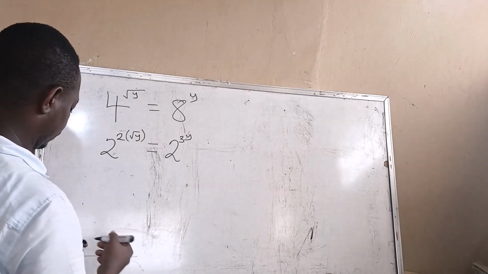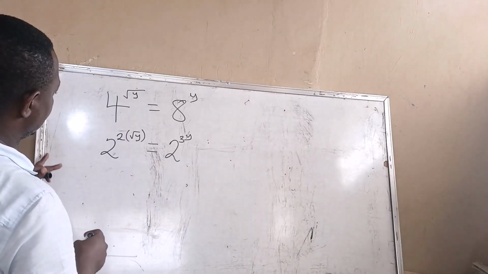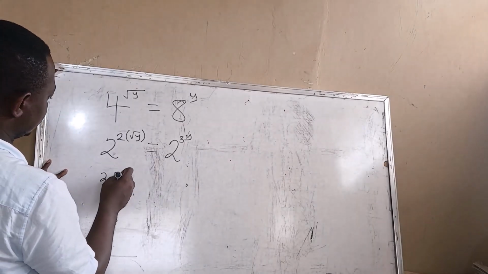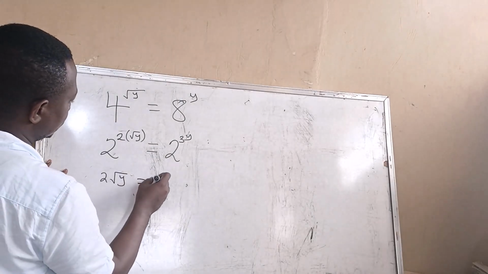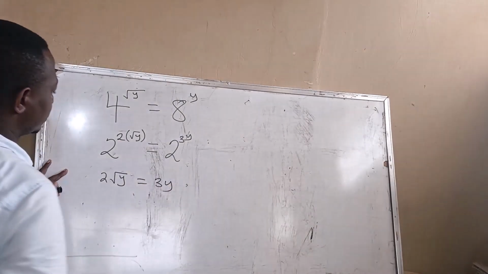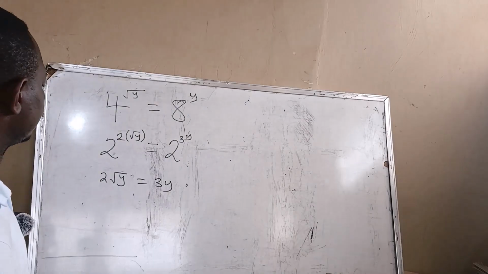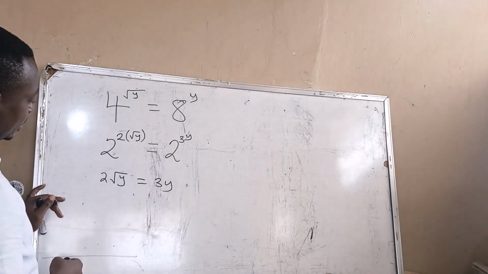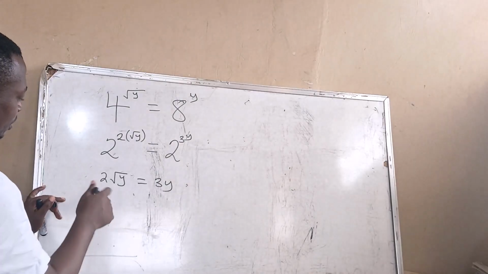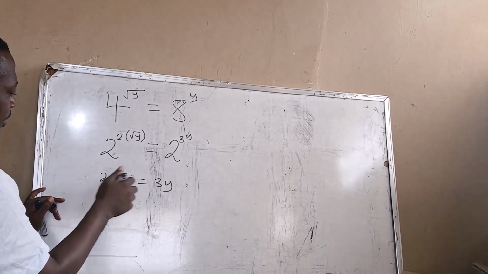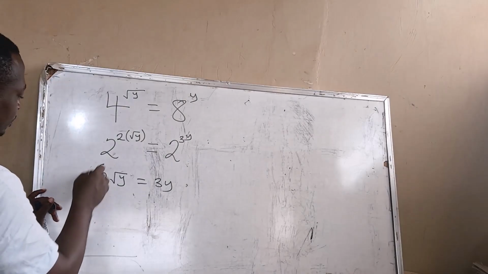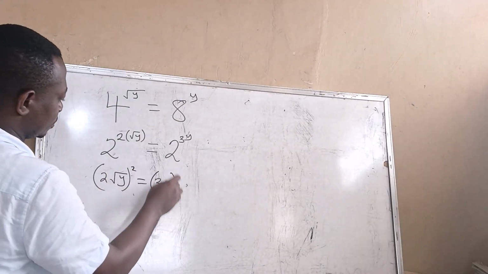Okay. So let's equate the powers. So that will be 2 times square root of y equals 3y. Okay. So we have so many ways of dealing with this. We have a radical on y. So let's remove this radical sign. We have no option but to square both sides. So let's square both sides.